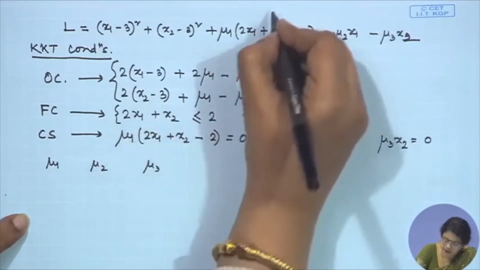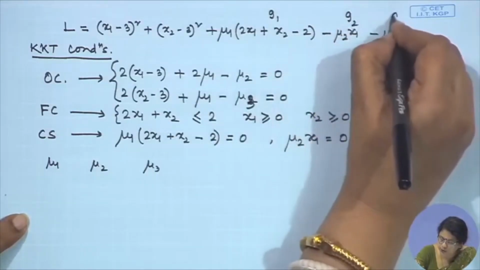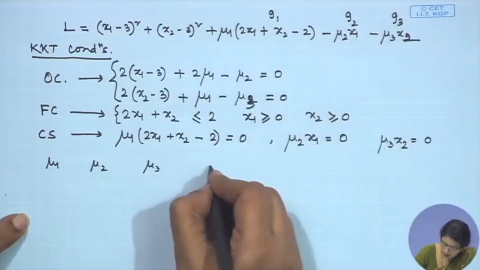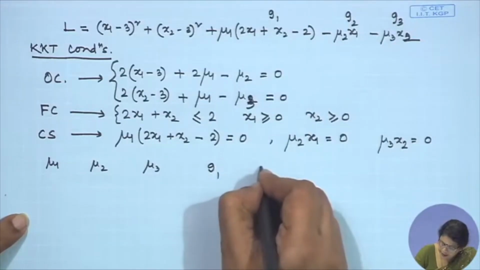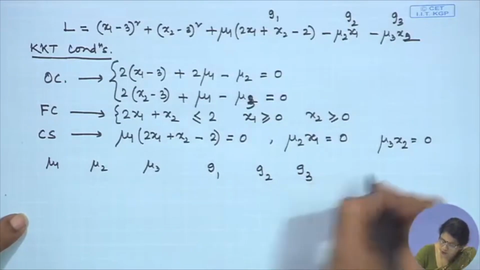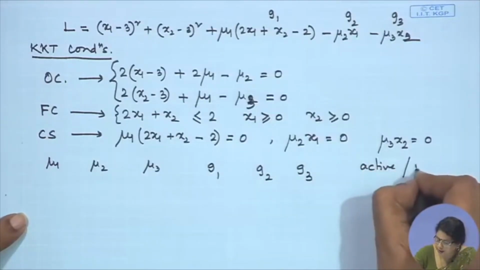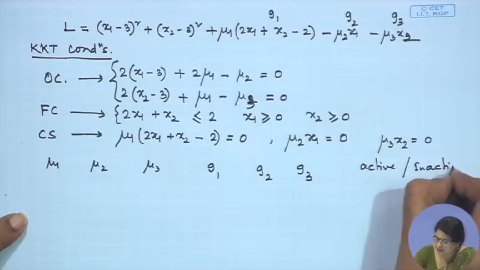We are having G1, if we consider this as G1, this is G2, this is G3. Then with different conditions of G1, G2, G3, mu1, mu2, mu3, we will have either active or inactive conditions.